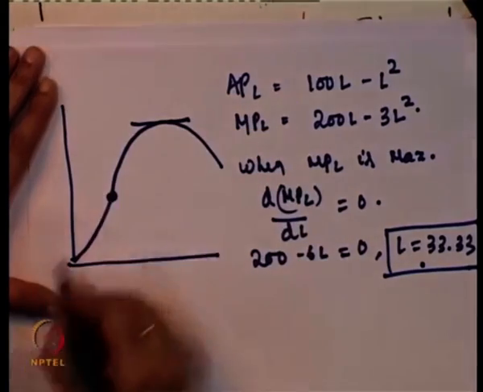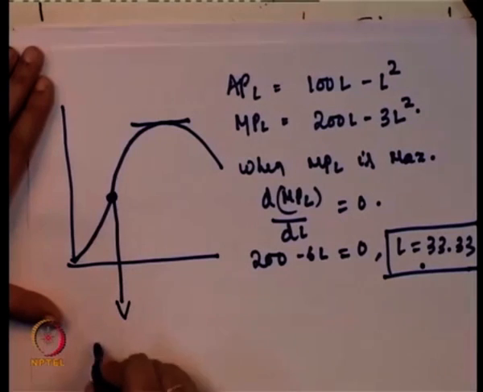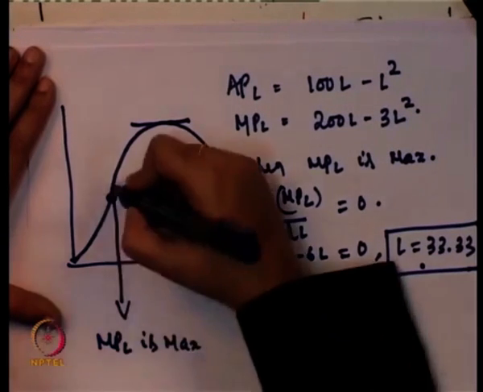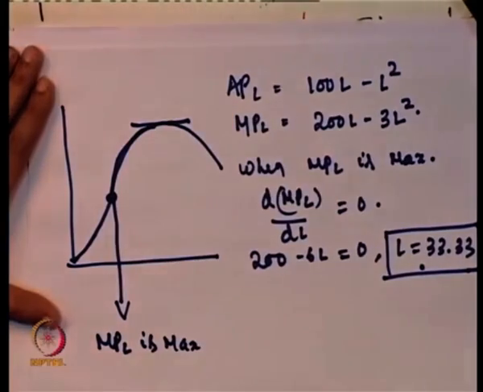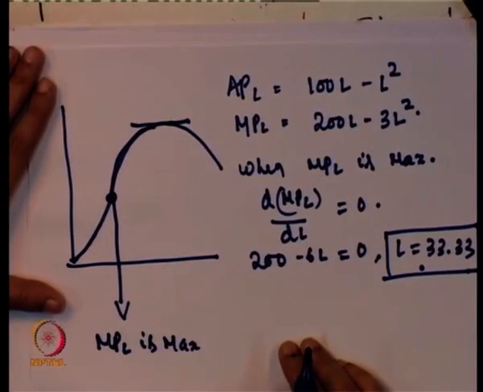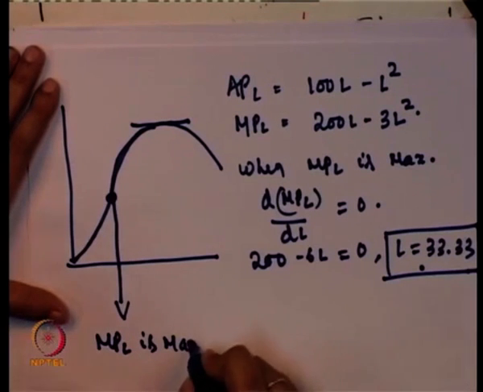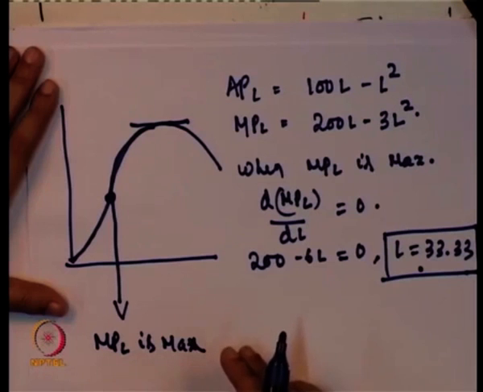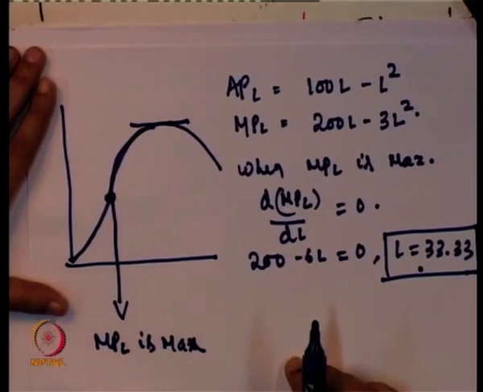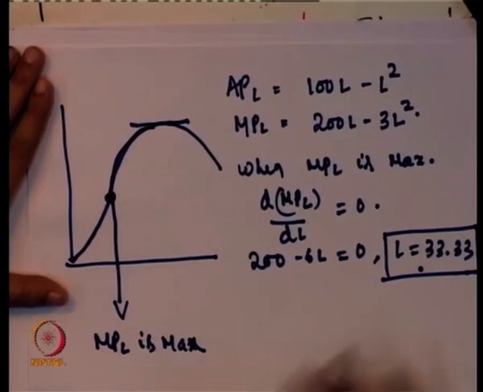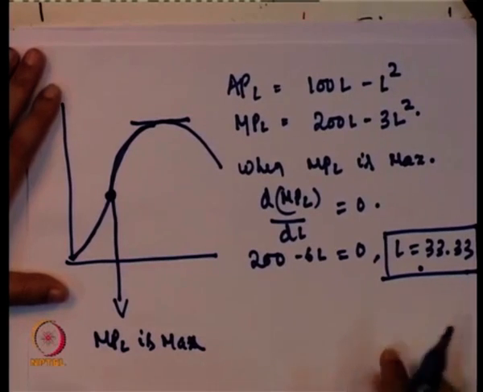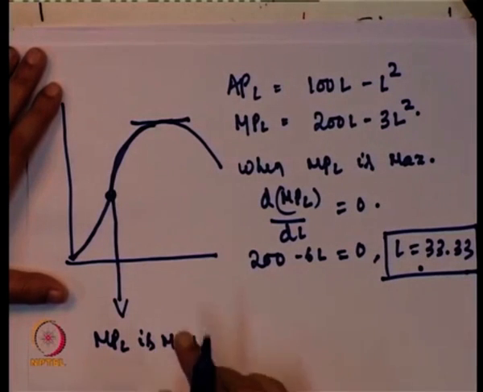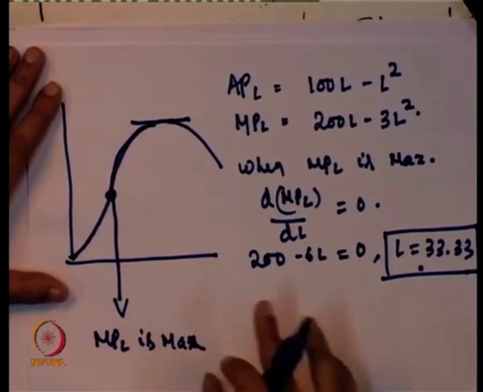So, corresponding to this, our marginal product of labor is maximum, because after this the total product of labor is increasing at a decreasing rate, and marginal product is decreasing. So, we can say corresponding to this point MPL is maximum, and this is the point where the law of diminishing return sets in.